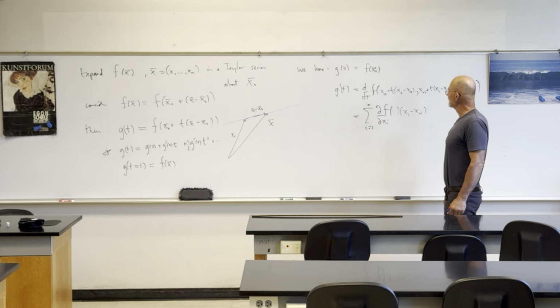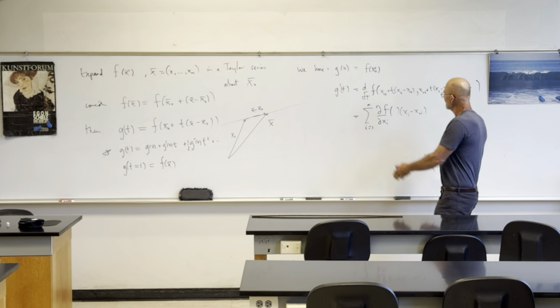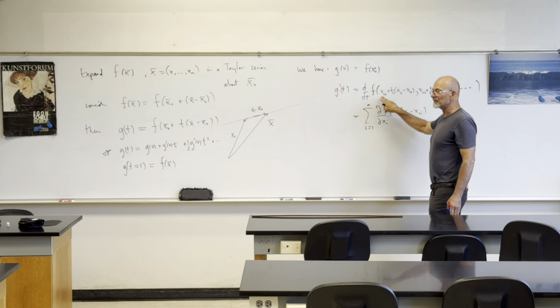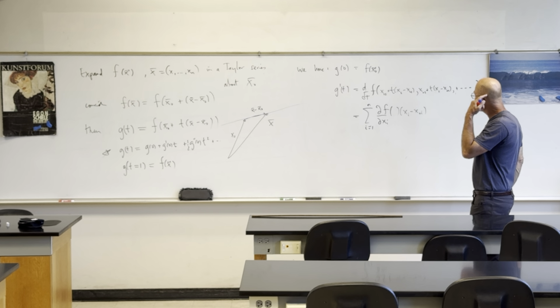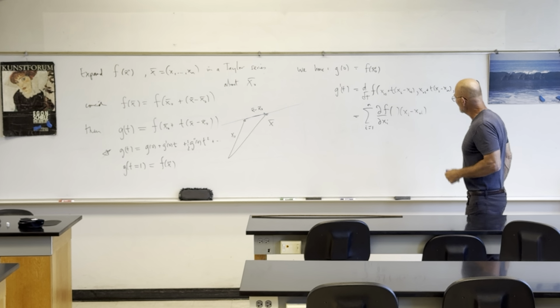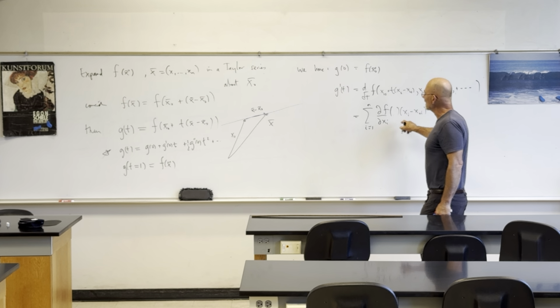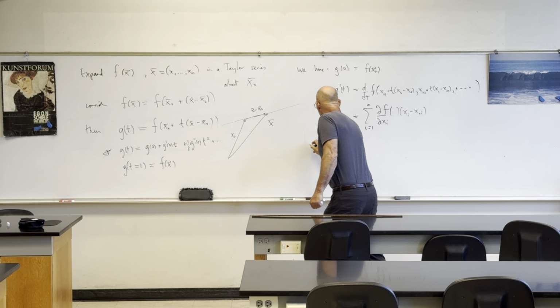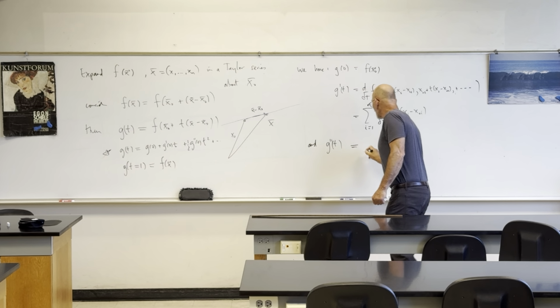Don't worry about this. Then when we evaluate at t equals 0, then boom, we're just evaluating at x naught. But for the moment, we'll leave that there. And this is actually almost the final form here. G double prime, this one's even more fun.